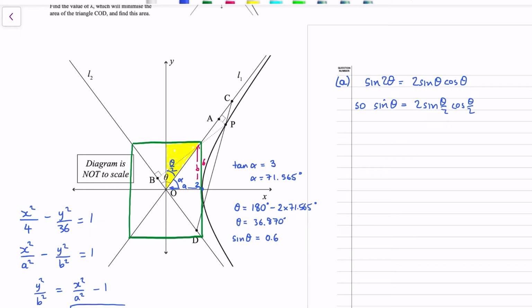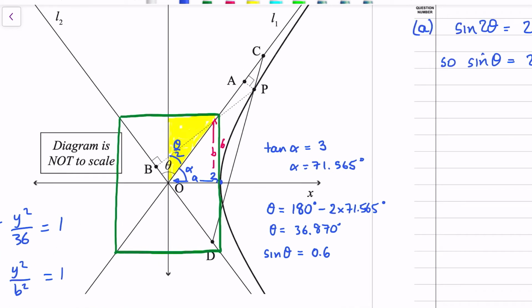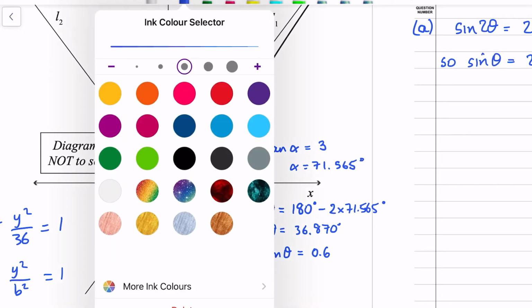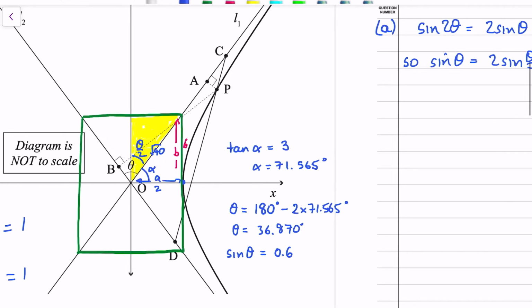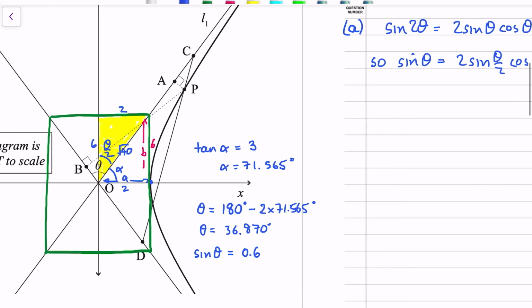Sine of theta over 2 and cos theta over 2 are what I need to be able to work out sine of theta. So if I use Pythagoras with the sides 2 and 6, 2 squared plus 6 squared is 40, so the hypotenuse is root 40. And then I can use that yellow triangle, 6 there, 2 there.